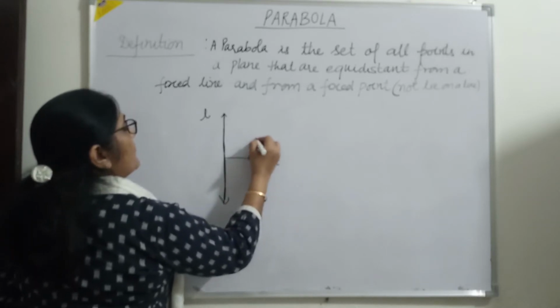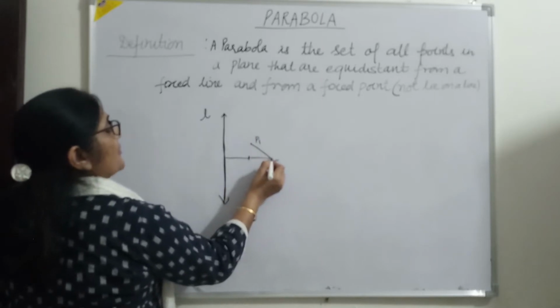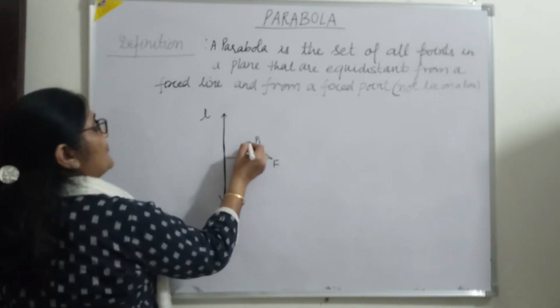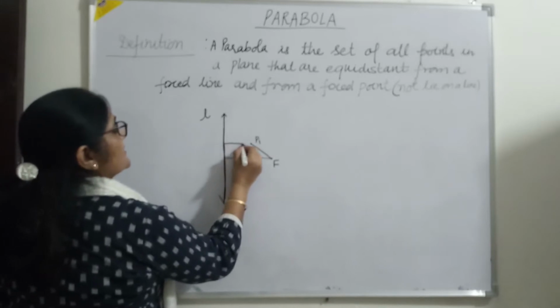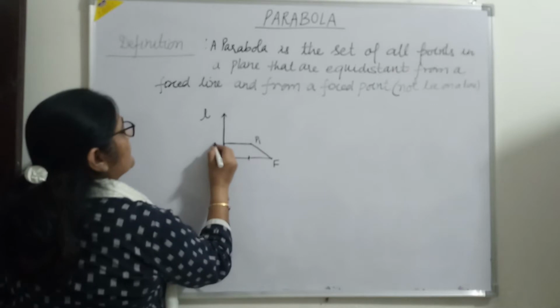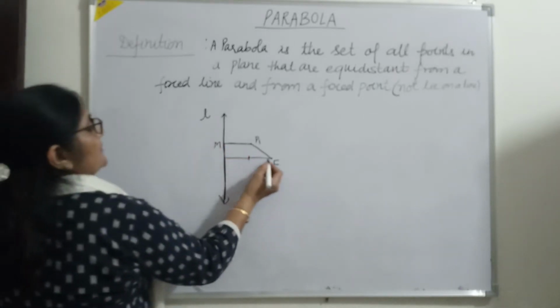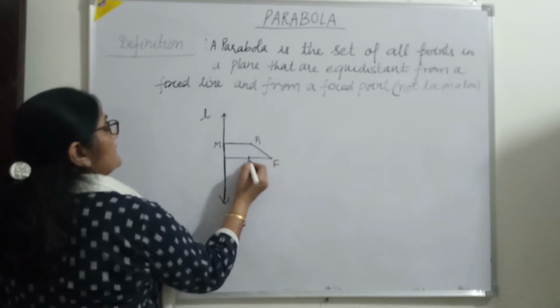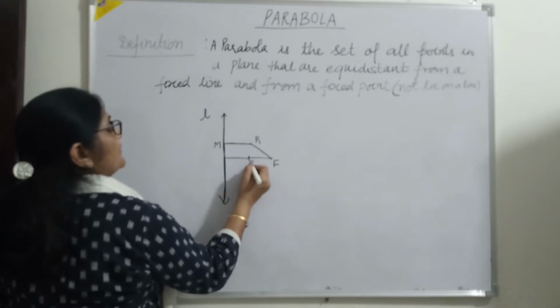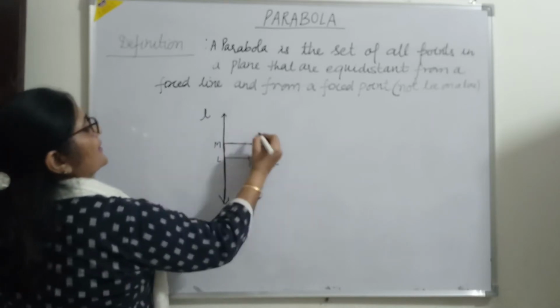Let one point be P1. Its distance from the fixed point is FP1 and its distance from the line is MP1. Similarly, let this point be P. So PF is equal to PL.